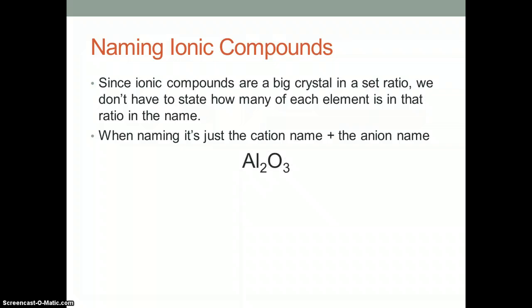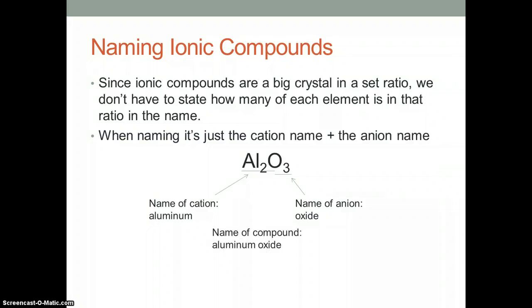So for example, here we have Al2O3. We name the cation, which is aluminum. We name the anion, which is oxide. Oxygen, ox is the root name, so oxide is the ion name. So that means that this ionic compound is aluminum oxide.